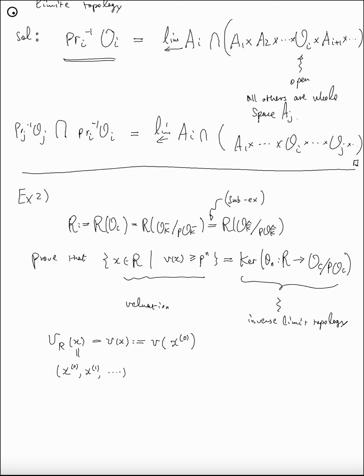If you write it this way, then all the elements are in OC, sorry, and so it has a valuation. I'm going to define the valuation for R to be the valuation on x_0 using the valuation on OC.